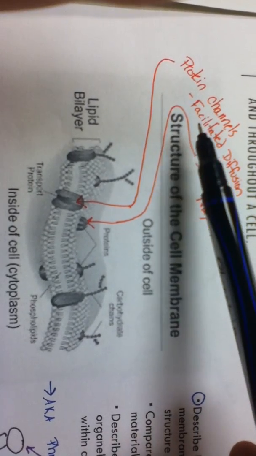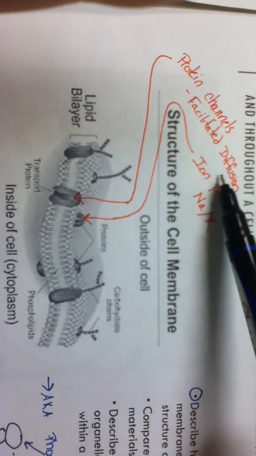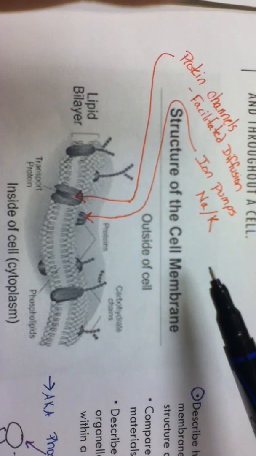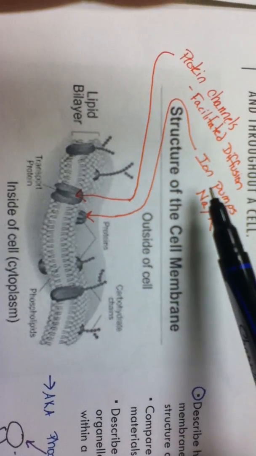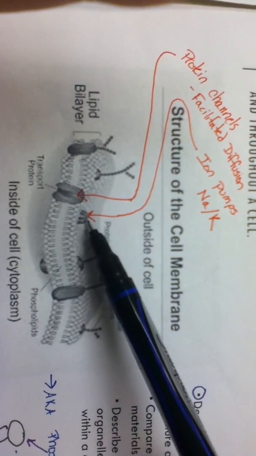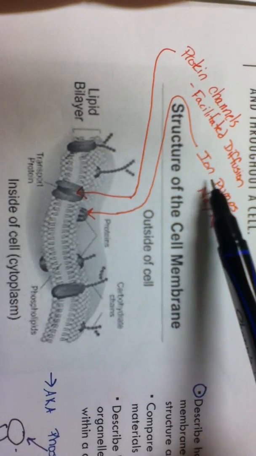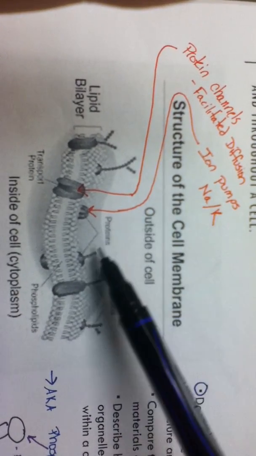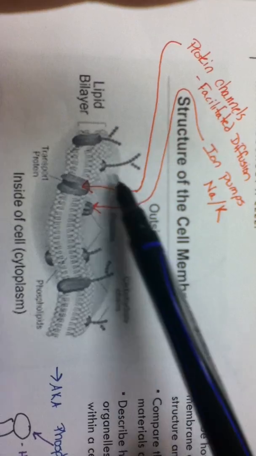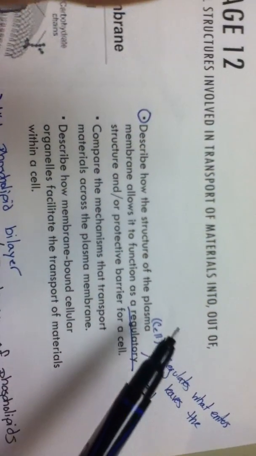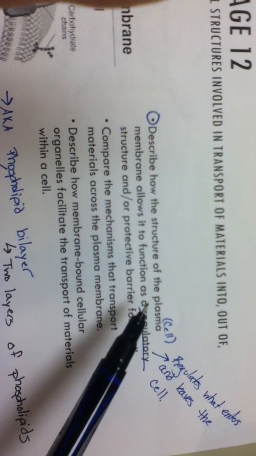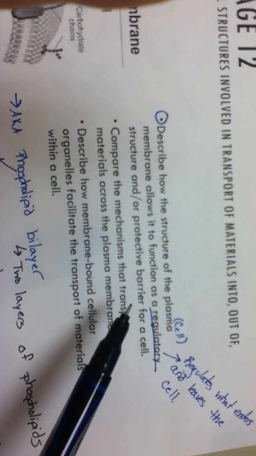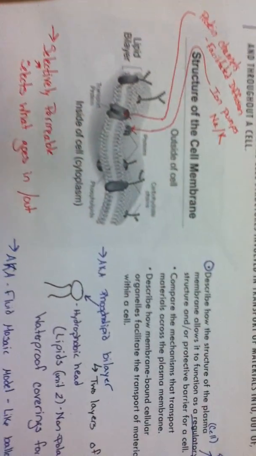The protein channels are involved in facilitated diffusion, which we're going to talk about in a little bit. There's also the ion channels, which are made of proteins, but these are in charge of your sodium and potassium pumps and your ion pumps. So that's basically the structure of the cell membrane, and it describes how it functions as a regulatory structure or a protective barrier for the cell.